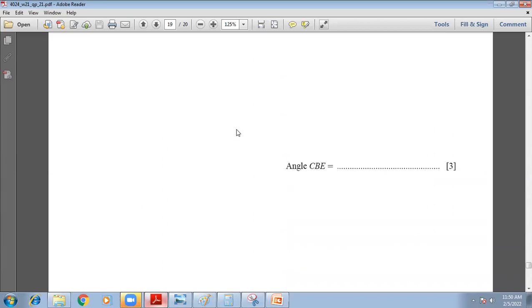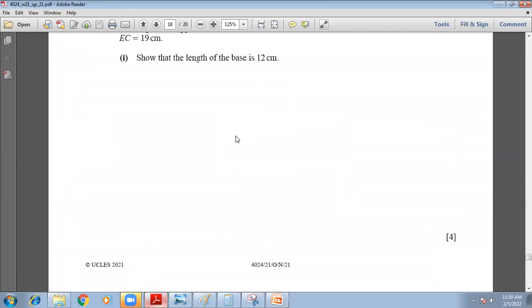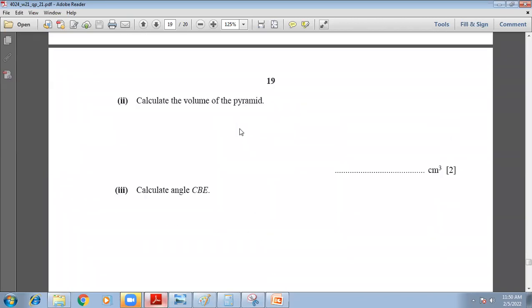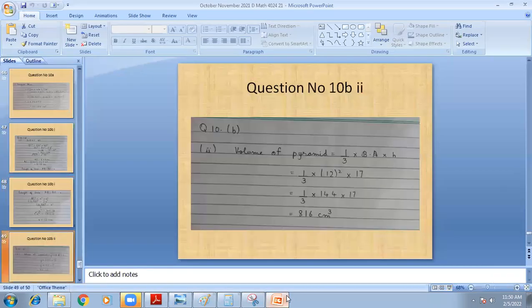So the second part is, he says, calculate the volume of the pyramid. You know, the formula for the volume of the pyramid is 1 by 3 into base area into the vertical height of the pyramid. It's a very simple question. Let me show you how we find the volume of the pyramid. And here we go.